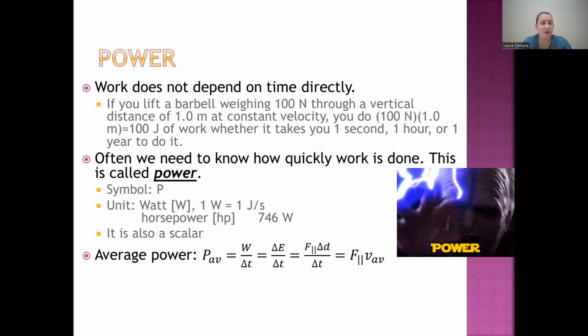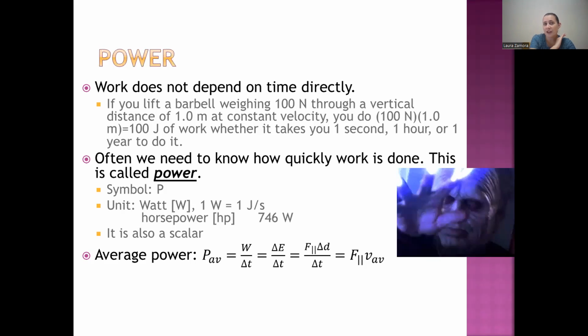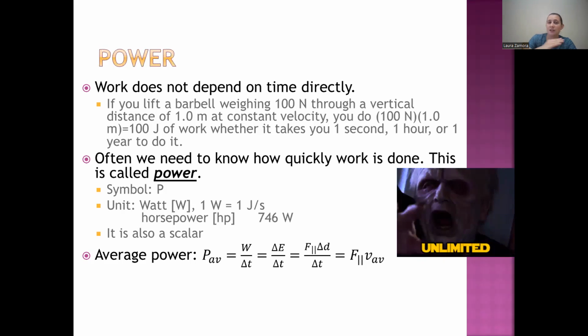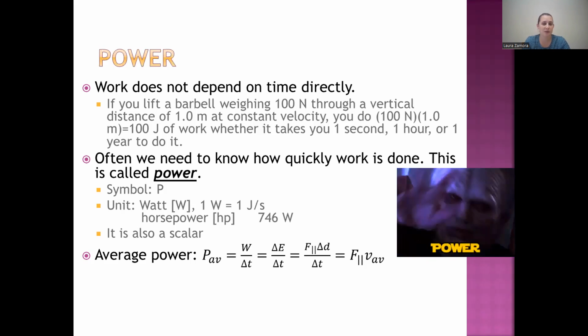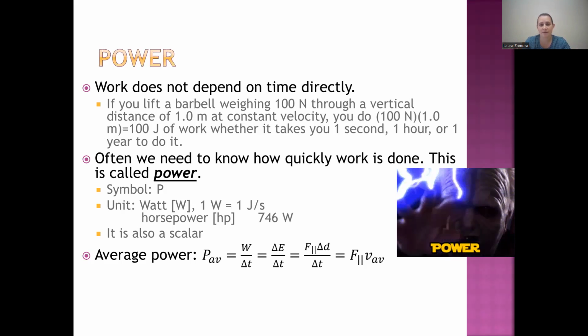We also know that work is the force that acts in the direction of motion. So those two lines, remember, mean parallel. So the force that's parallel to the motion, or in the direction of the motion, times our change in distance, or times our displacement, right? Work is force times displacement. And then again, power would be divided by that time interval.